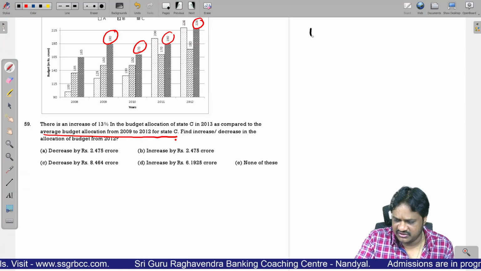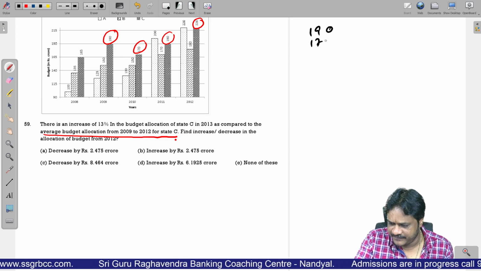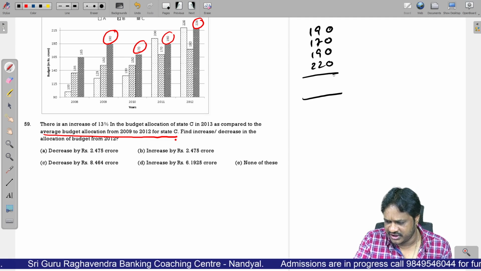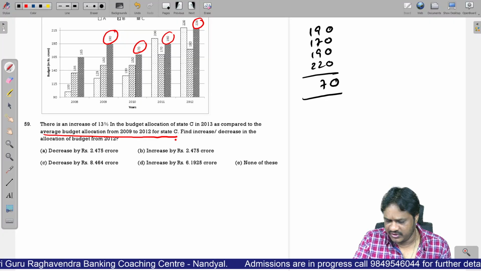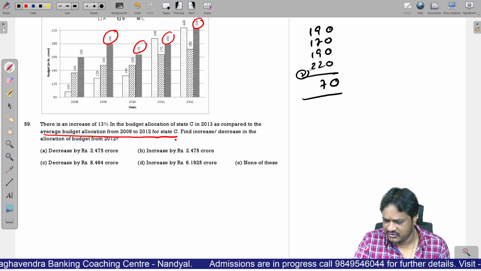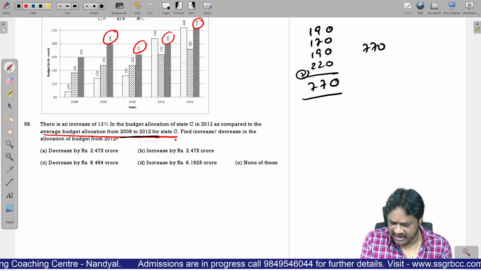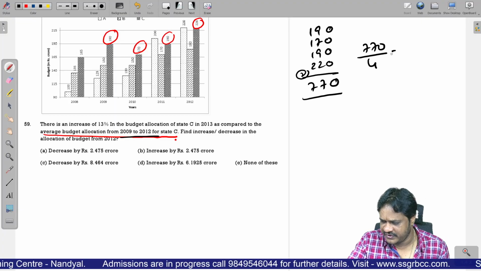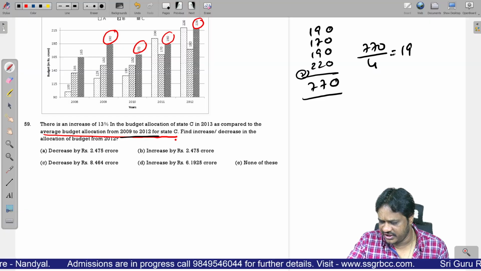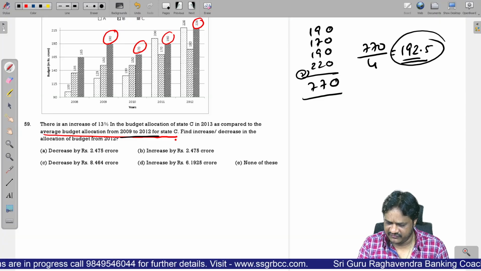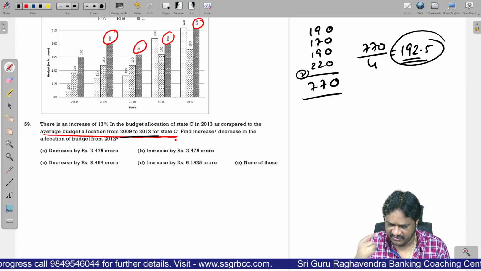What are the values? 190, 170, 190, 220. The total is 770. But we have to take the average by 4. It is 192.5. This is the average budget.